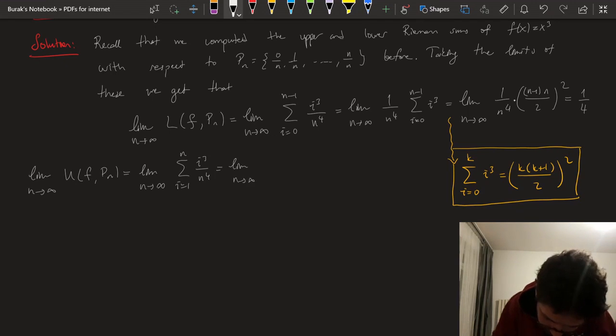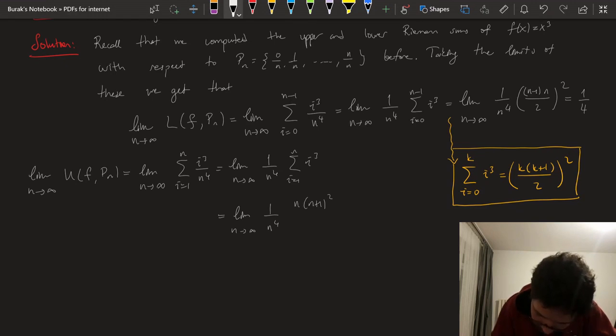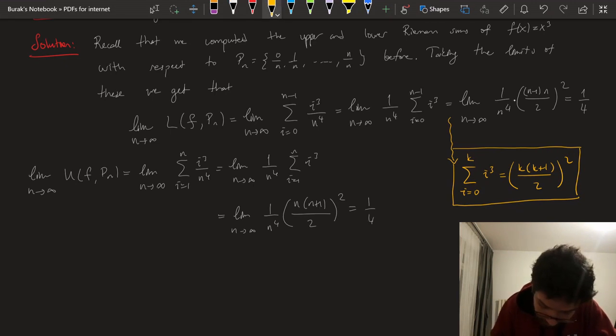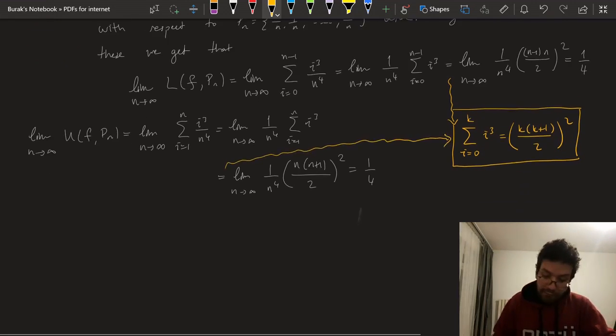I'm pulling this 1 over n to the power 4 out. From this formula, I get n plus 1 divided by 2 squared, and this is going to be 1 over 4 as well. So I get 1 over 4.